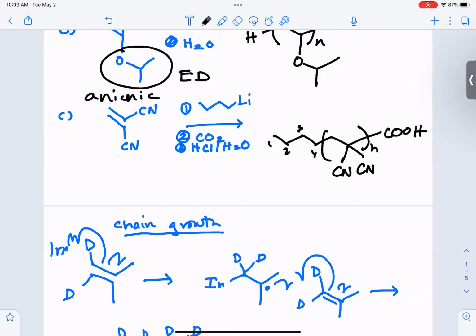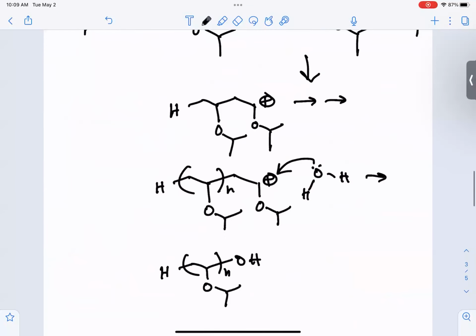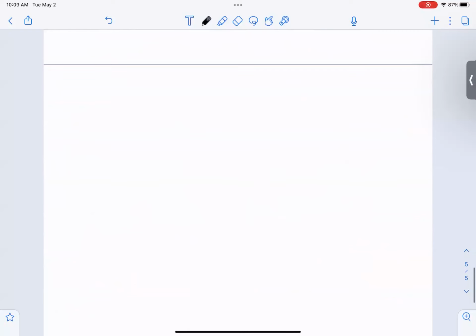So those are the 3 chain growth, right? So then we had the step growth ones that we looked at. So let's just do some examples of those. All right. So this is again that same problem where I'm going to give you reagents, you have to fill in the box with the polymer.